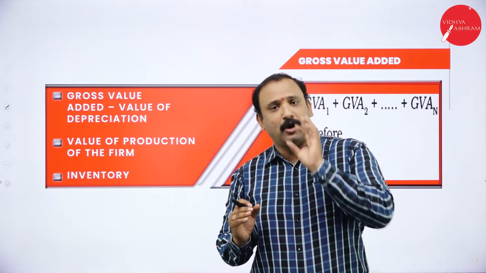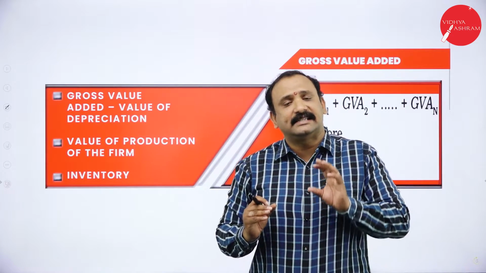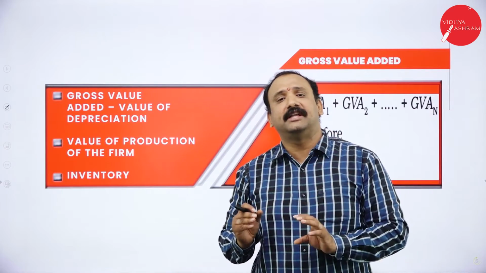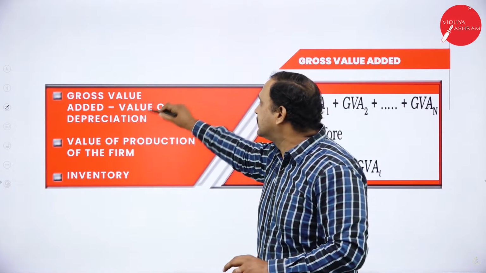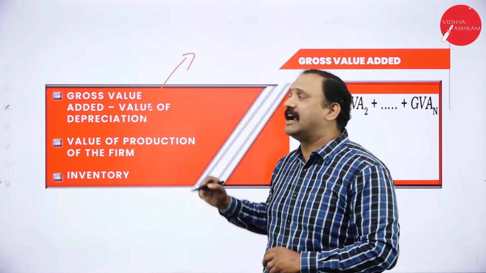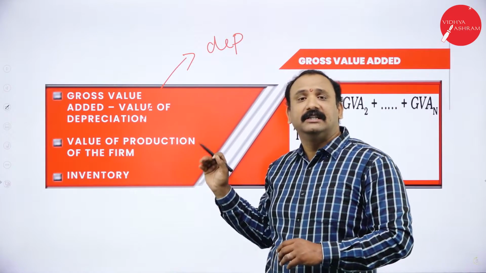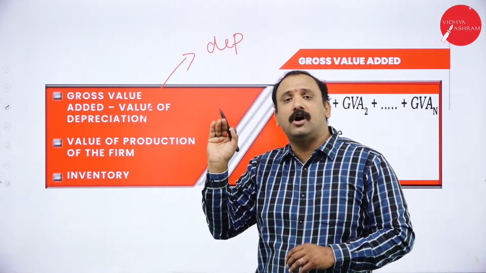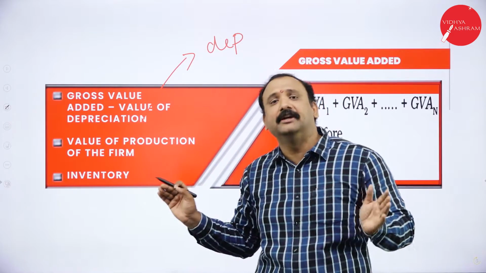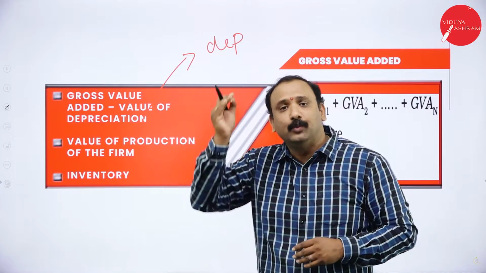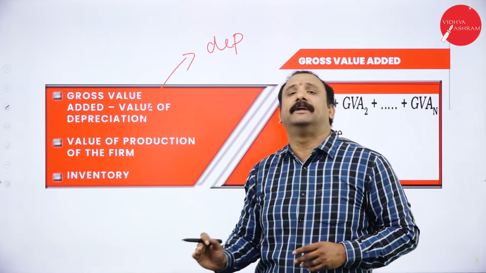So for any product in this world, is there something called depreciation that is involved? The answer is yes. There is a depreciation factor. Depreciation is very, very important because the value of the product does not remain the same throughout its lifetime. It will come down over a period of time.